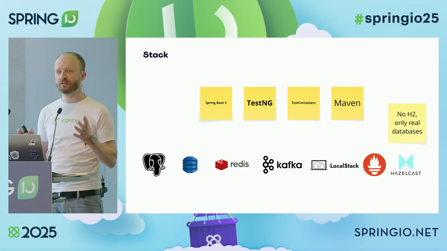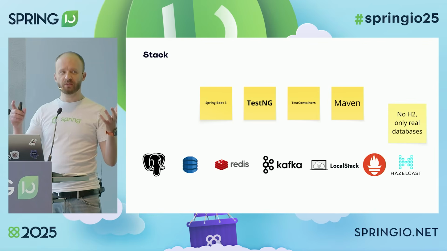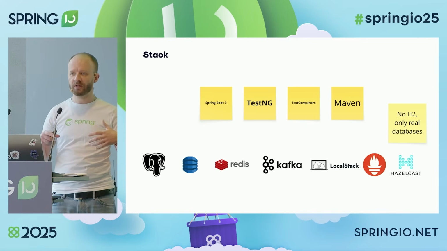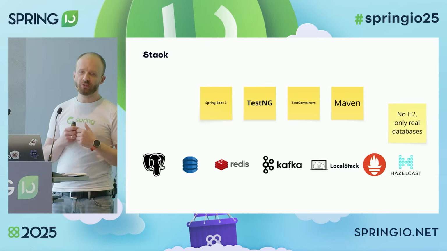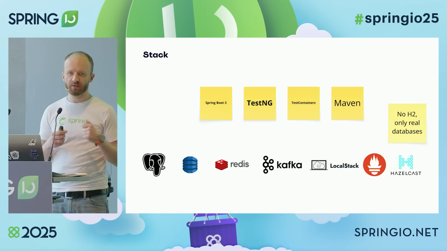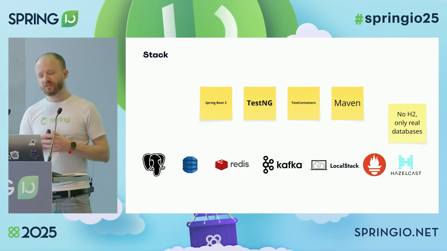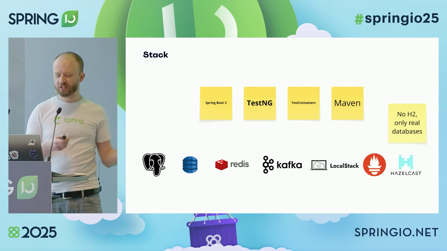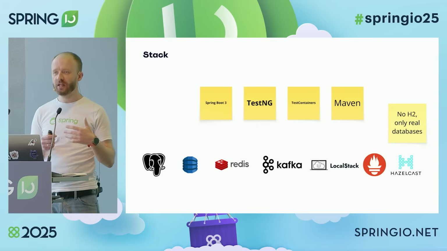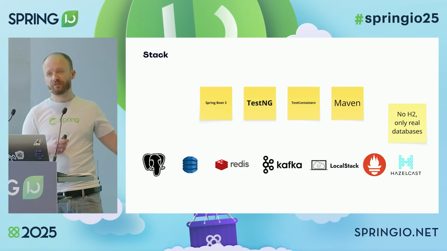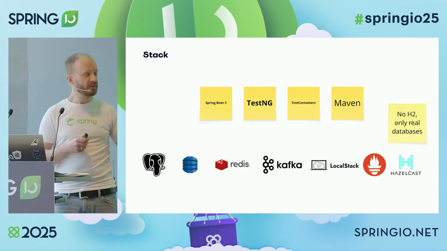Just in case you are not aware, Testcontainers is a wrapper around Docker environments that bootstraps and manages the life cycle of your containers and allows you to map ports. We use a lot of different databases, relational databases, cloud message queues, etc. And in our integration tests, we prefer to use real services instead of H2.